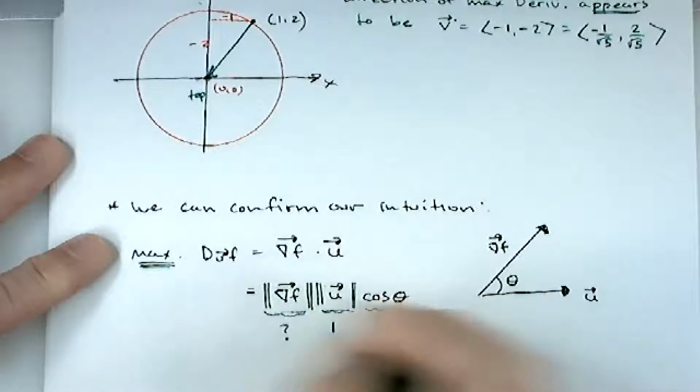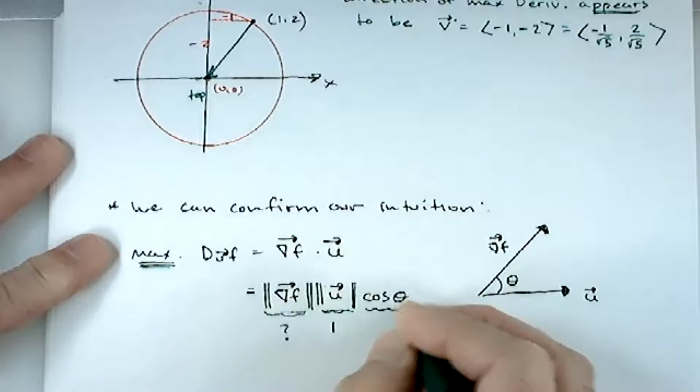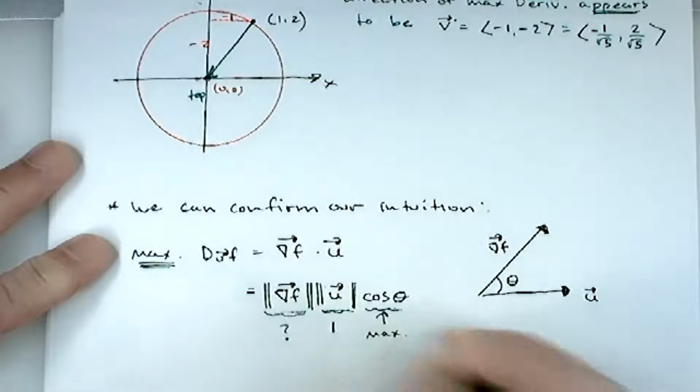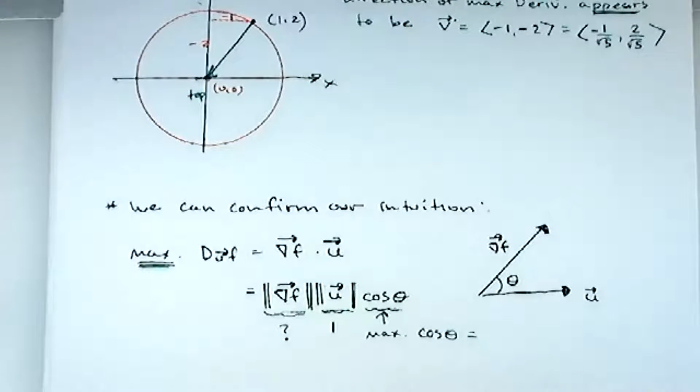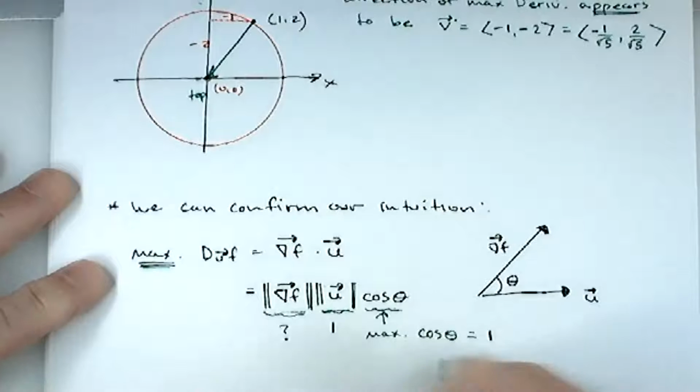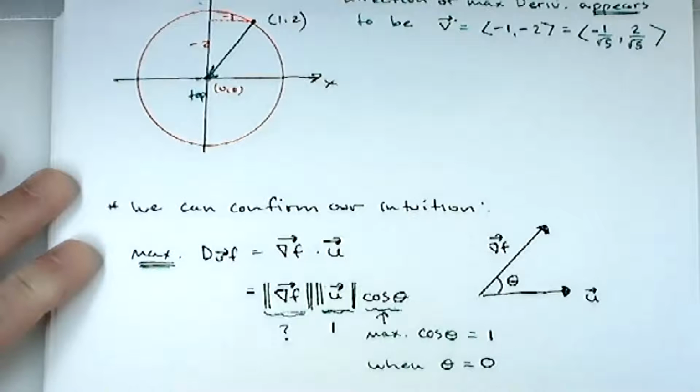So the only other thing that could change besides this is the cosine of theta. And what's the maximum value for the cosine of theta? The maximum value you could ever get out of a sine or a cosine is also 1, which is going to happen when theta is equal to, in other words, for what angle is cosine equal to 1? It's equal to 0.